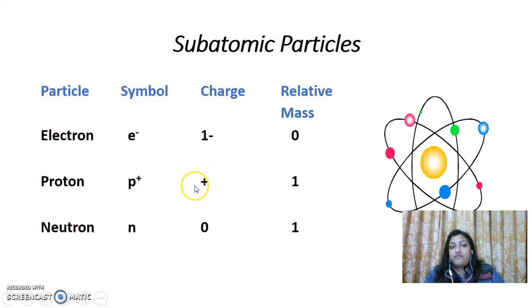The proton has a positive charge. And neutrons are neutral and have no charge. So the relative mass also you can see over here. The electrons are almost negligible, like 0.000 in negative, so it is considered as 0. Proton has 1 unit and neutron also has 1 unit of relative mass.